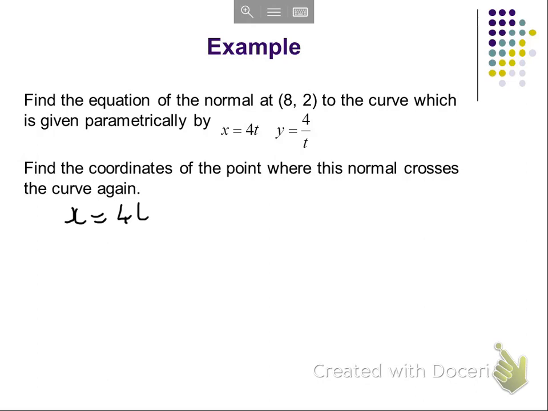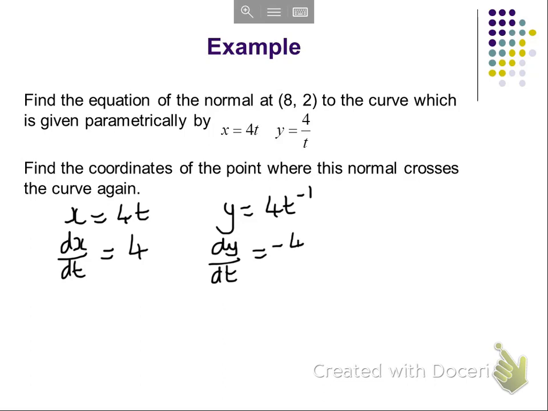then equate these two to work out our x coordinate. So we can say if x equals 4t, then dx by dt will equal 4. And if y equals 4t to the minus 1, then dy by dt will equal minus 4t to the minus 2, or minus 4 over t squared.